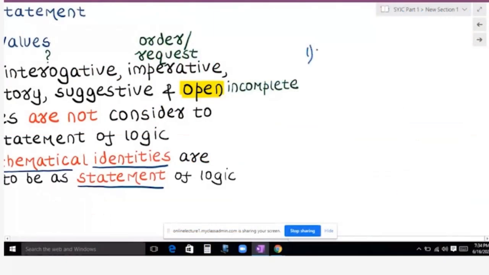The equation is x square minus 3x plus 2 is equal to 0.